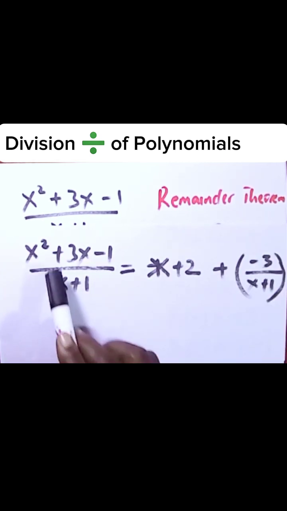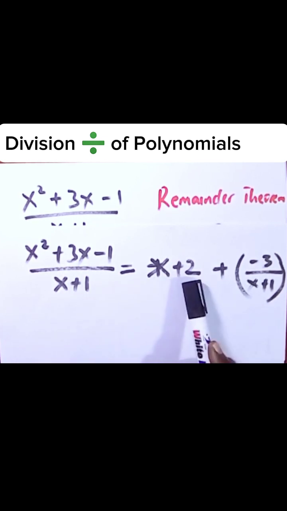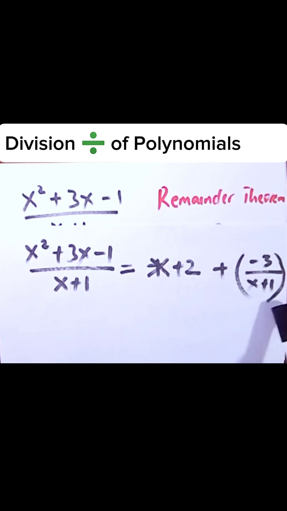So using the remainder theorem, we have broken down this expression into x plus 2 plus, this is our q of x, remember? This is our r of x, which is the remainder that we got from using the long division, and this is the divisor, which is x plus 1.